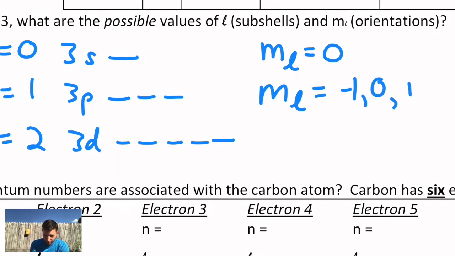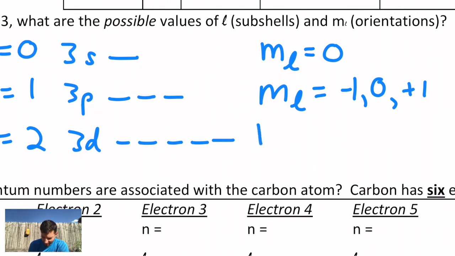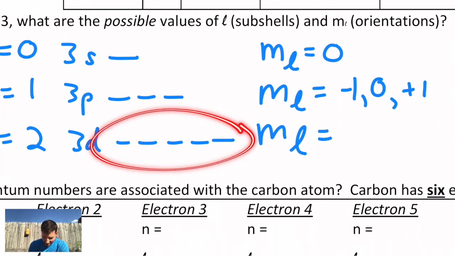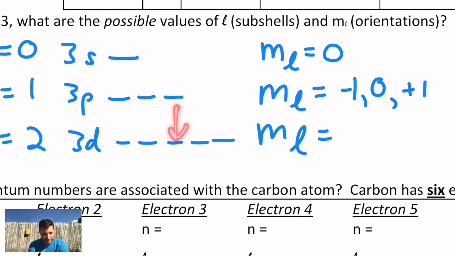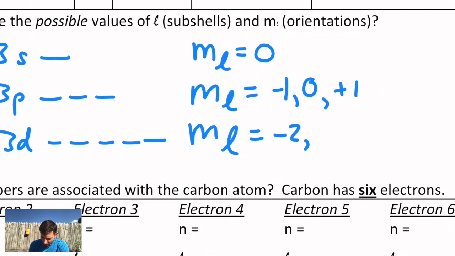And that refers to those three possible types of p orbitals. So what do you think would be true for the d set? Well, there's 5 of them, and they surround a center of m sub l being equal to 0. So we're going to go up to +2 and down to -2, and I'll list them in order: -2, -1, 0, +1, and +2. That's how quantum numbers work.